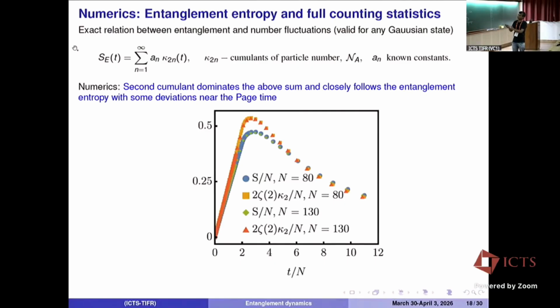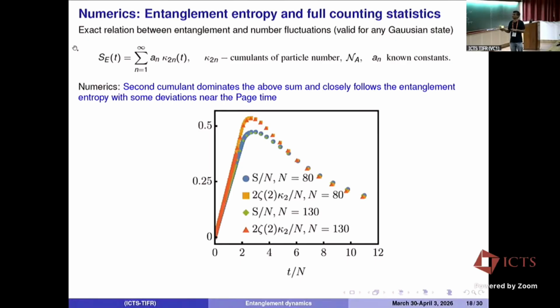Now let me show some of our numerical results for these number fluctuations. Like I said, there's this exact relation between entanglement and number fluctuations. If we plot the second cumulant in our setup, which is just n square minus n average square, that is given by this blue line. This is the entanglement entropy. You can see they are quite close.